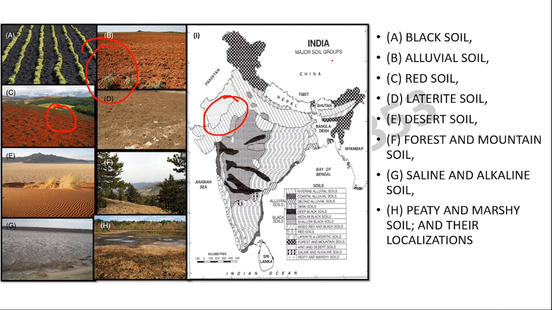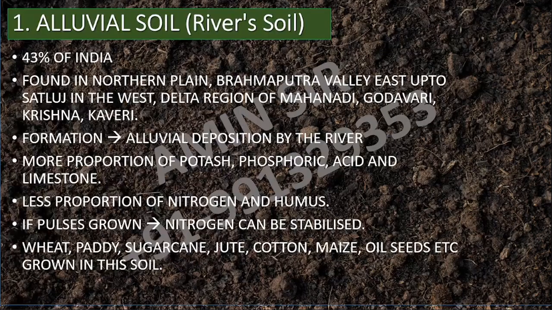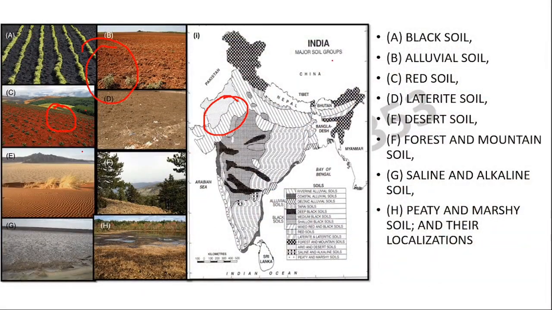On the E we have desert soil. On the F we have forest and mountain soil. On the G we have saline and alkaline soil, and on the H we have peaty or marshy soil, and their localizations are here.